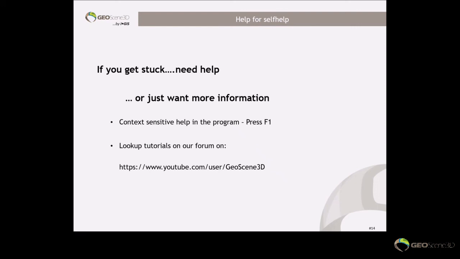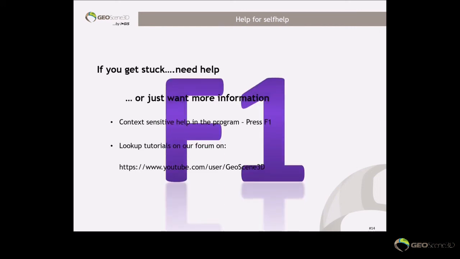If you get stuck, need help, or just want more information, I'll advertise for the F1 key. Working with GeoScene3D, this option is always available wherever you are. If you get stuck, try pressing F1. It's a context sensitive button.